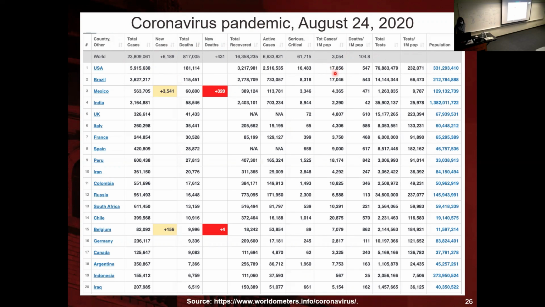I have this indicator. Number of deaths divided by population multiplied by 1 million. I have this indicator, this death rate and this case rate. If I get the number of tests divided by population multiplied by 1 million, I have the test rate.